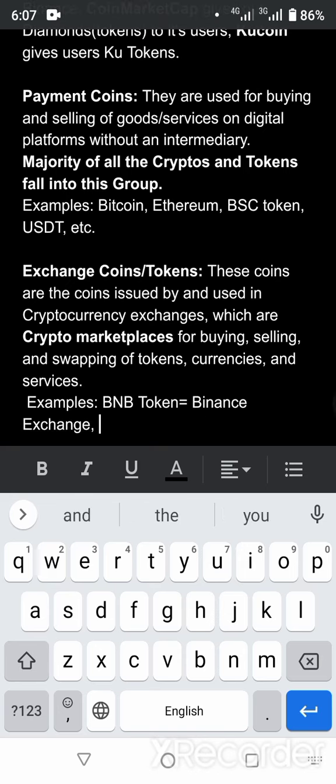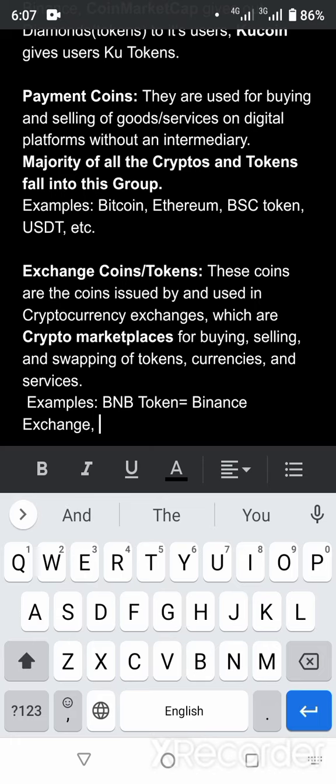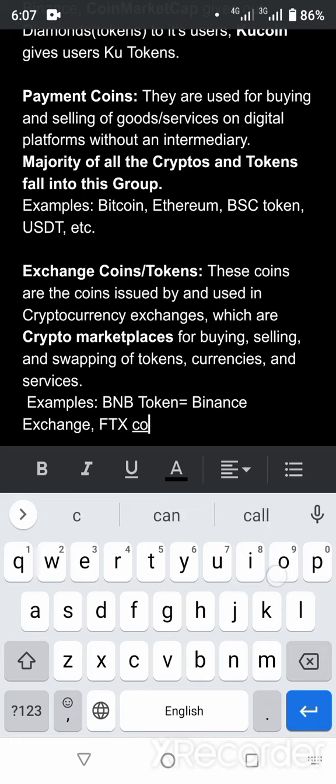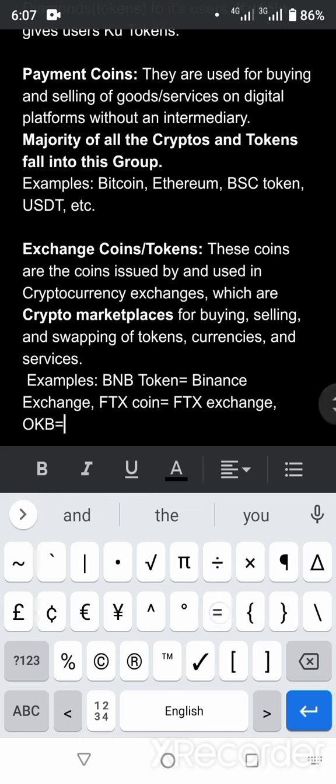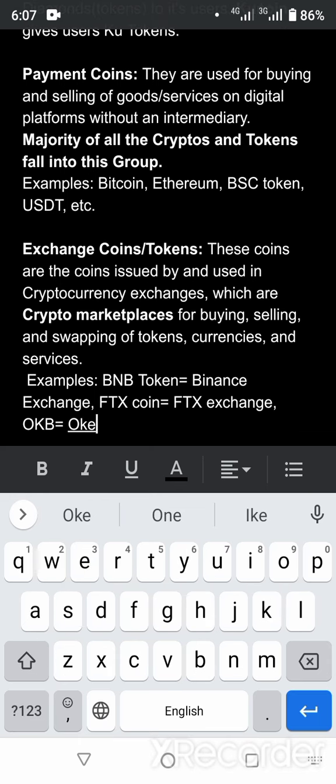Then we have the FTX coin, which is for the FTX exchange. We have the OKB for the OKX exchange.